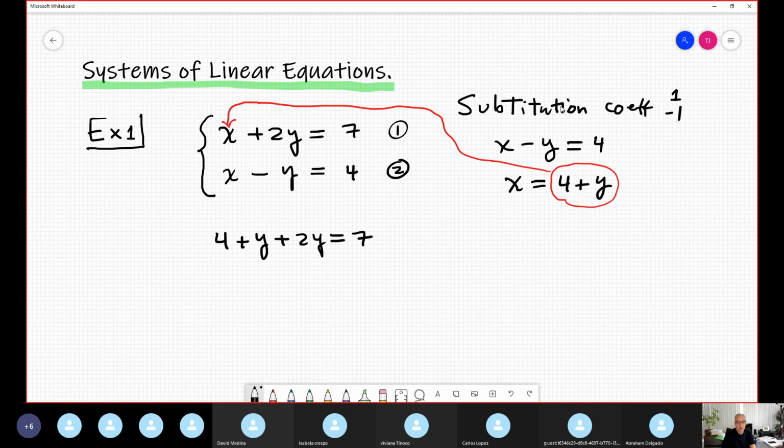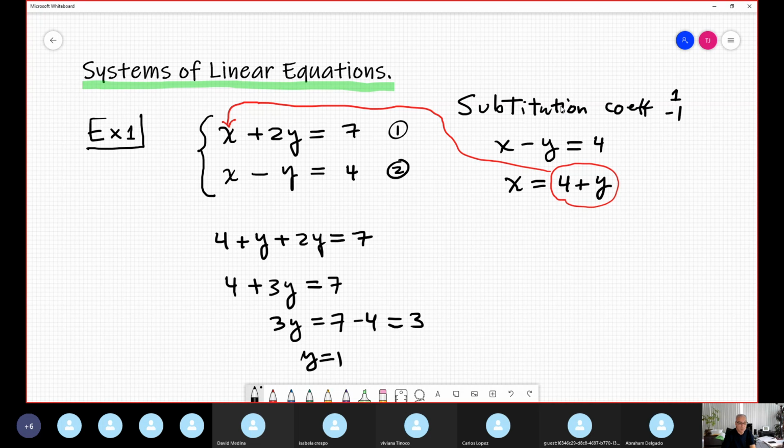At that moment, we have a new equation that contains only 1 variable. So it's super easy. We combine like terms: 4 plus 3y is equal to 7. 3y is equal to 7 minus 4, which is 3, divided by 3, it is obvious that y is 1.